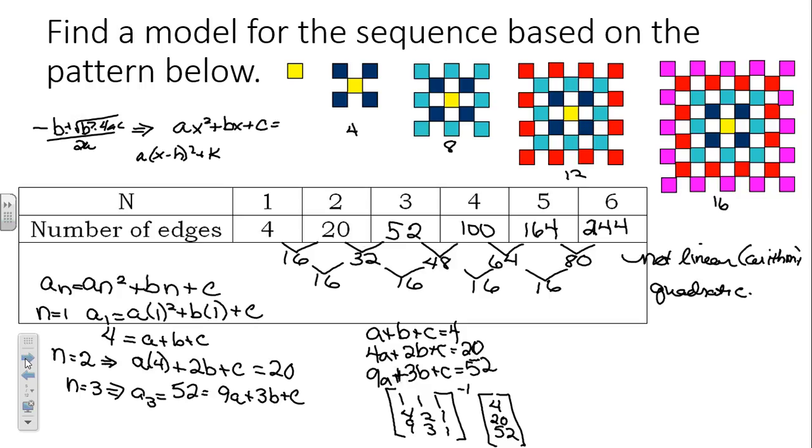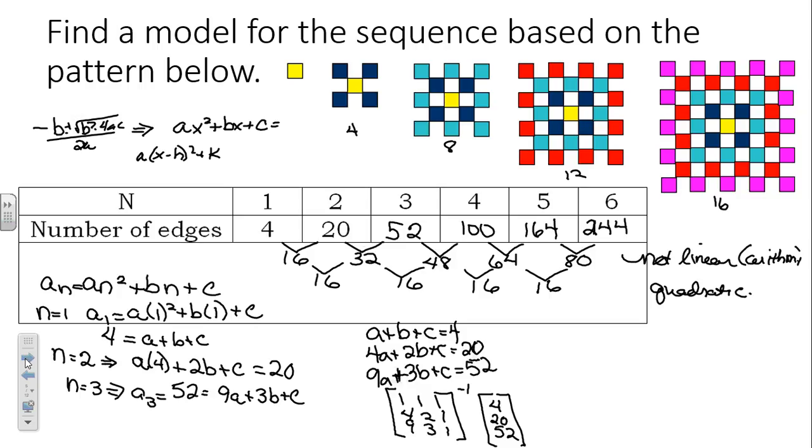Once you get this in your calculator, you're probably going to use it most of the time with a different B matrix. So those of you with a graphing calculator, I suggest you use that. Those of you who don't have a graphing calculator, let's work it out using elimination.